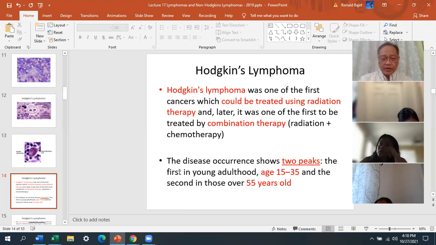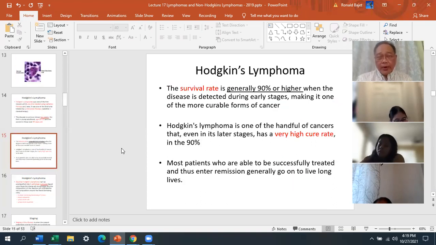Okay, so make sure you know that it occurs twice in the patient's lifetime. Okay, 15 to 35, and then later on after 55 years of age. So those are two unique characteristics of Hodgkin's lymphoma: the Reed-Sternberg cell and the occurrence of two peaks, 15 to 35, and then later on after 55 years old.